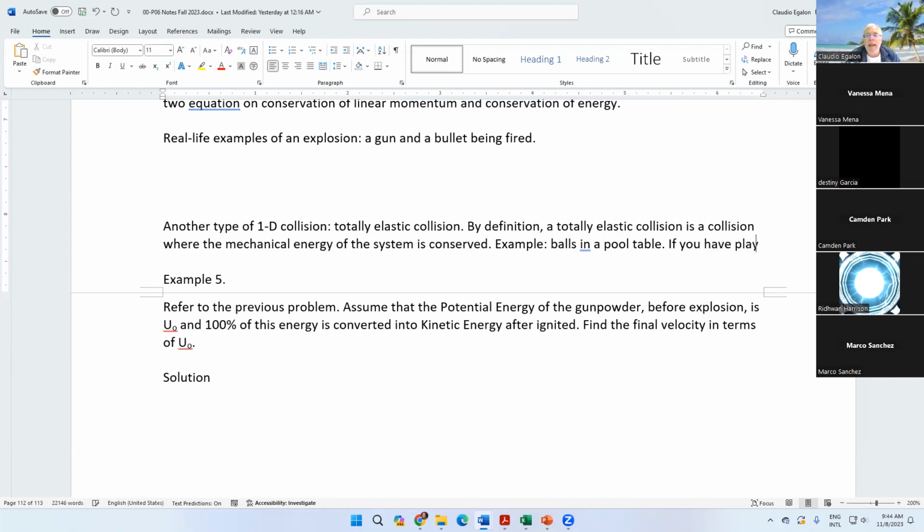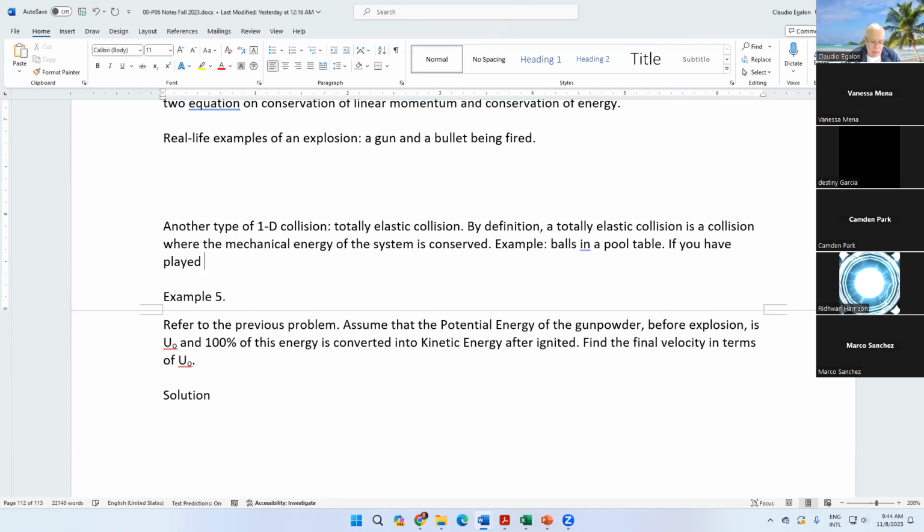If you have played pool, you should have noticed that their collision is not inelastic. Instead, it is elastic, almost a totally elastic collision.